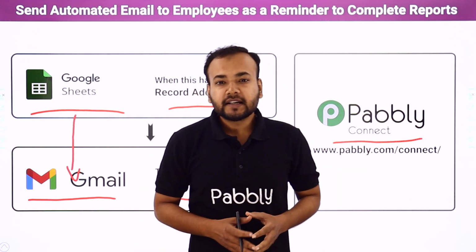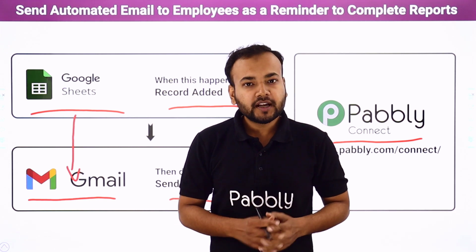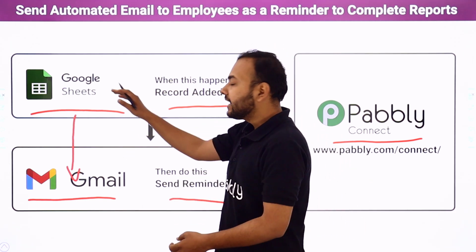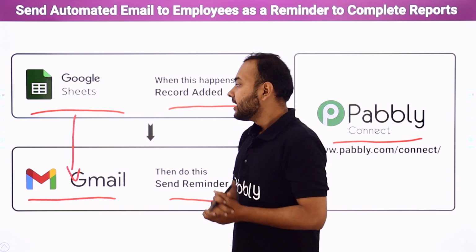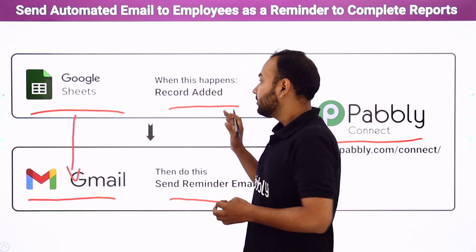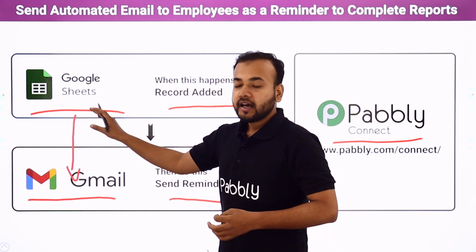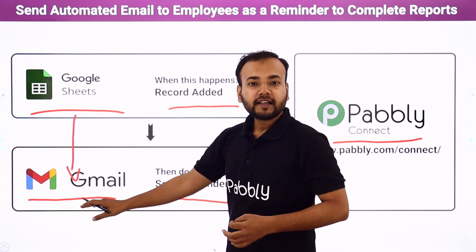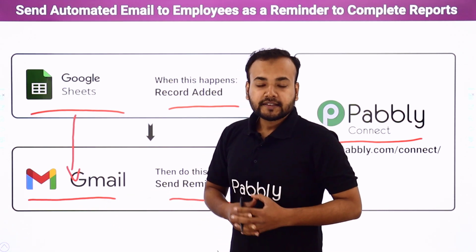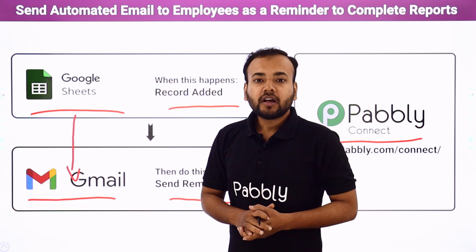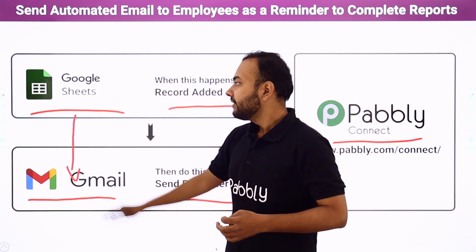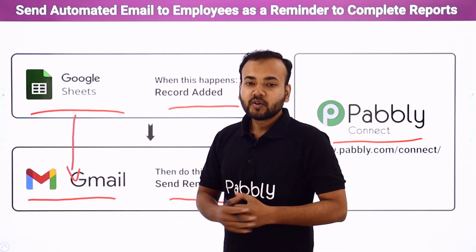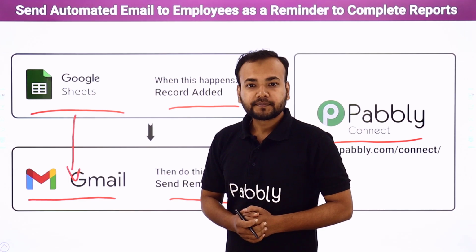Pabbly Connect is an integration and automation software, and it will connect these two applications together such that according to the record that you have added, an email reminder will get automatically delivered. So now let me give you a demo on my screen of how this automation between Google Sheets and Gmail is going to work in real time.